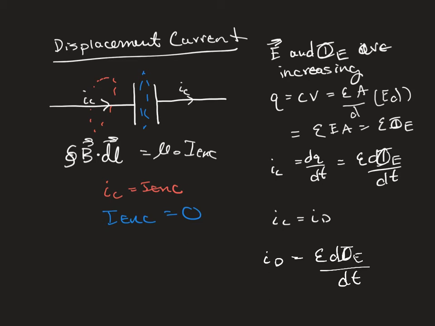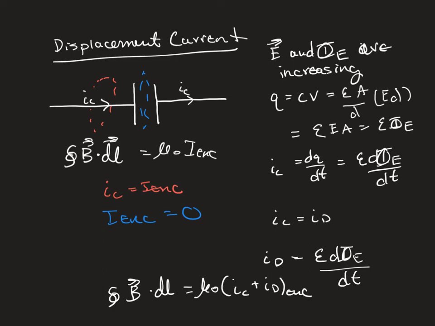So this means that we need to rewrite Ampere's law as the integral of B dot dl is equal to our magnetic constant times the conductive current plus the displacement current that is enclosed.